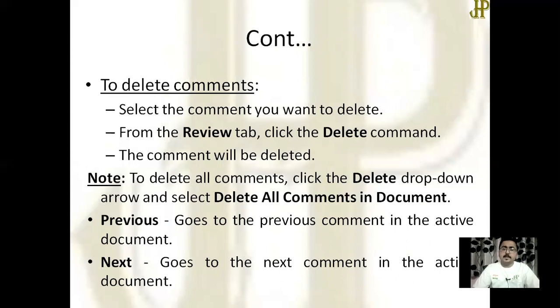The same thing can be done if you want to delete some comment. And after some time, you can see that the guide gives a lot of comments in every section of your document. So if you want to see each of them one by one, then the Previous and Next buttons can be used.